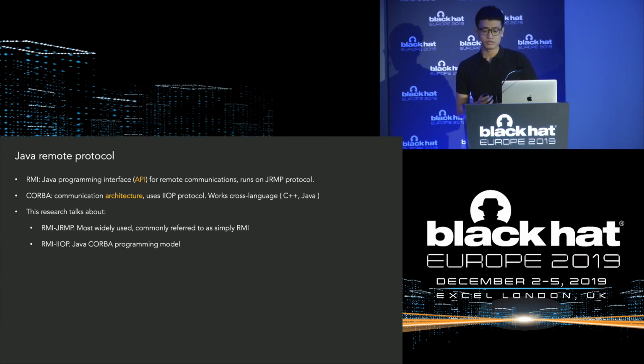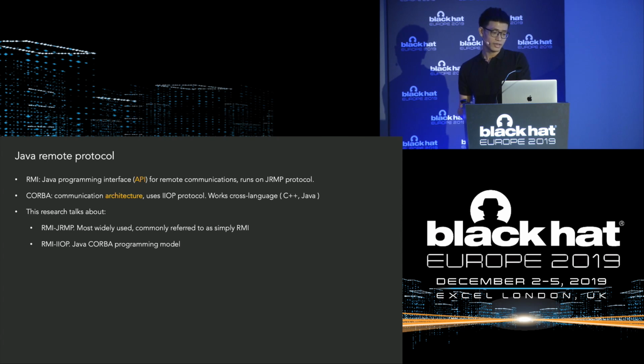Java remote protocols. So what are they used for? They are mainly just for an application A to invoke a method on application B remotely, whether over the wire on the network or from different processes.